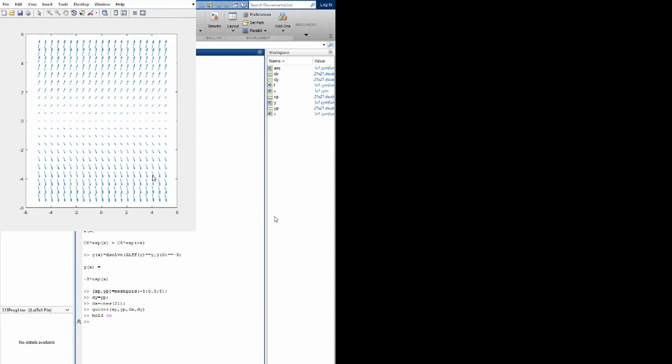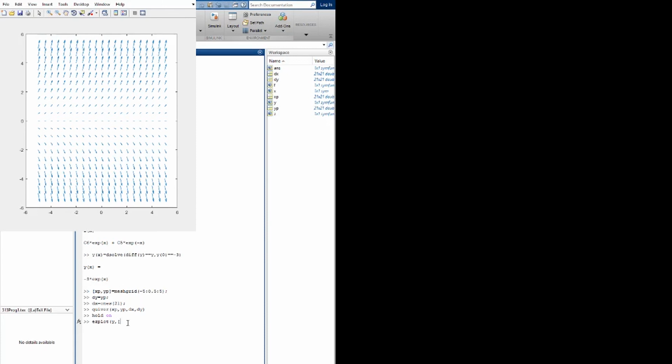So I'm going to write hold on, and now anything in between here is going to plot on the same graph as before. So I'm going to plot my function y. That's the same y that we came up with back here. Yeah, it's just this guy.